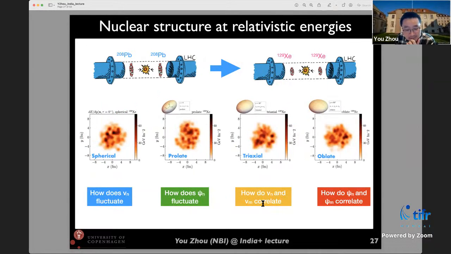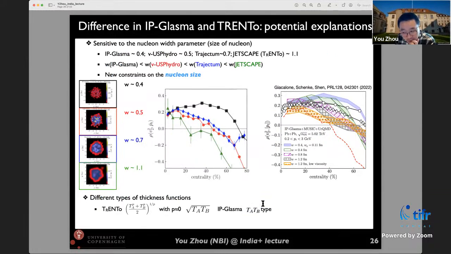No, not the nuclear structure one, the previous one. The nuclear structure, yeah, this one. The difference in the IP-Glasma, etc. So is there some simple explanation why the width of the nucleon affects the correlation like it does?